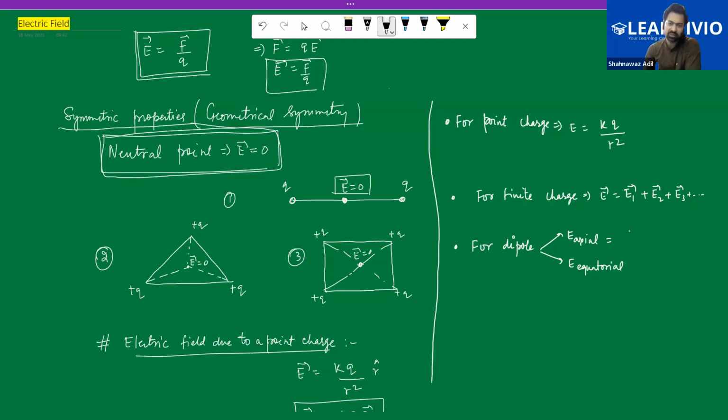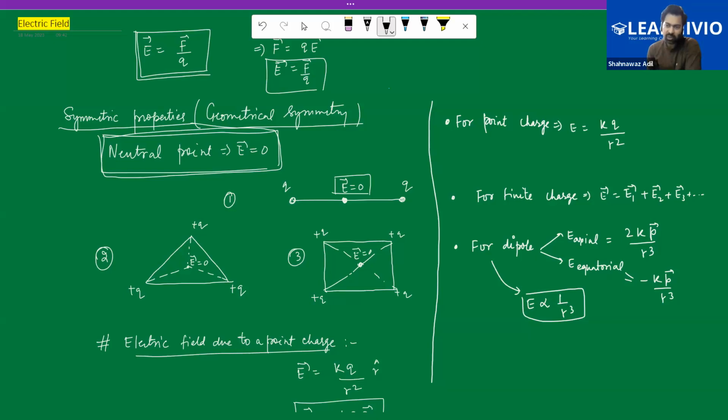Do you remember that? You have to remember that this is 2kp by r cube, and E equatorial is minus kp by r cube. Both vary as 1 over r cube, for both the cases, right?